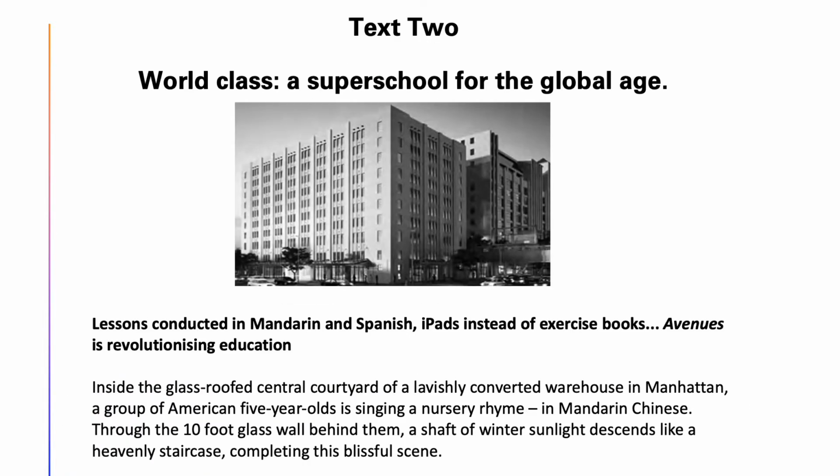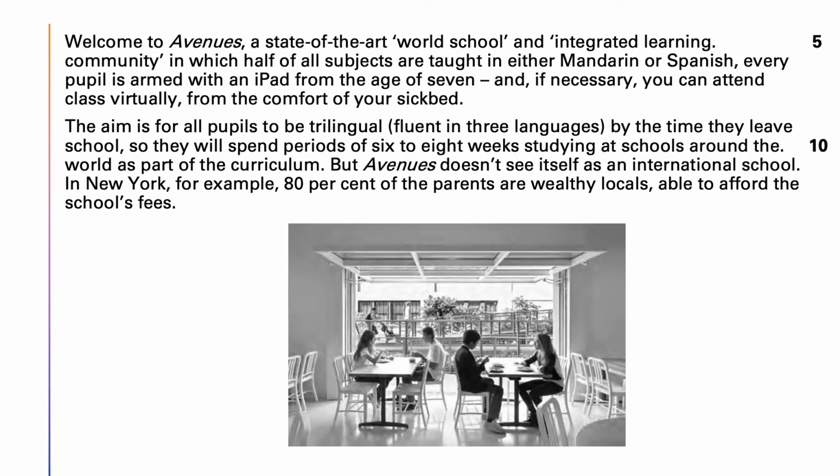Now let's move on to Text 2. It's about a super school for the global age. Let's skim the first paragraph. Now let's skim another two paragraphs, and you can have a look at the illustration. It shows the students are studious, not like the previous one.